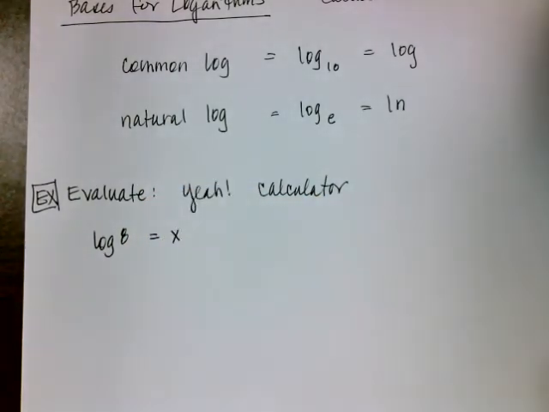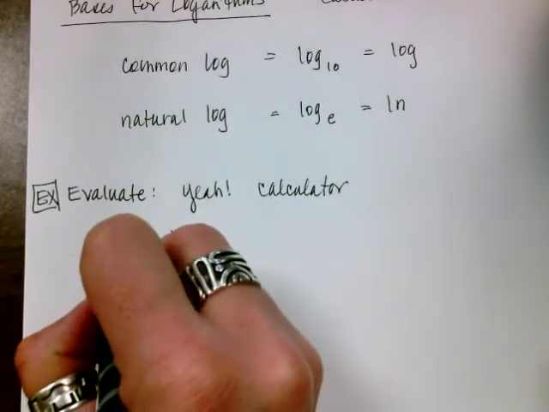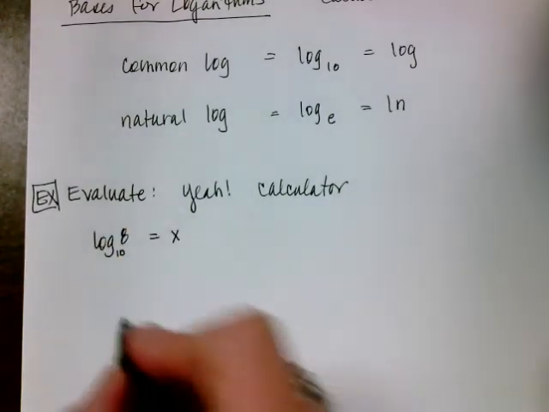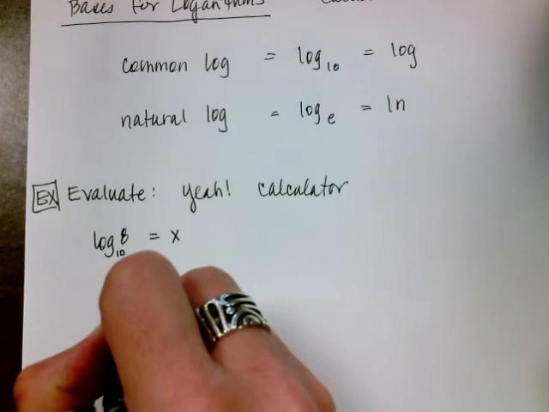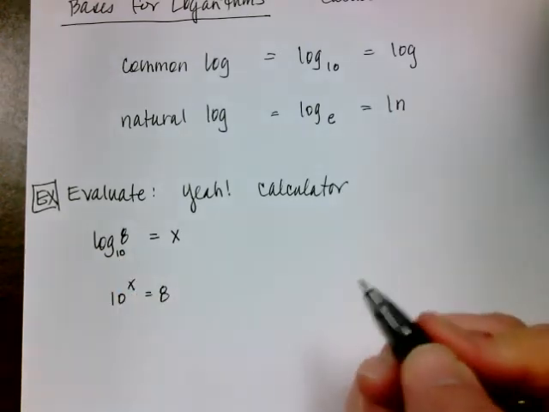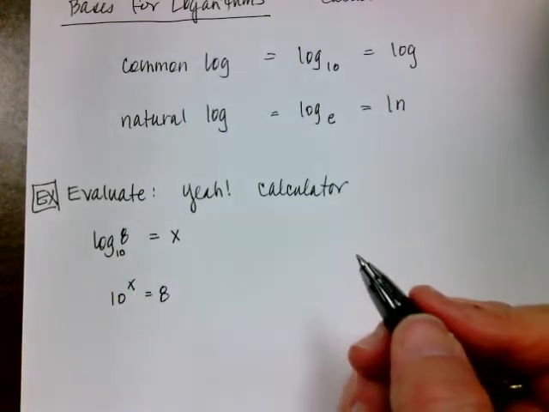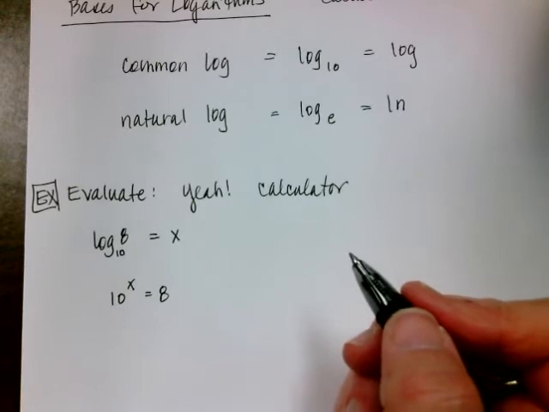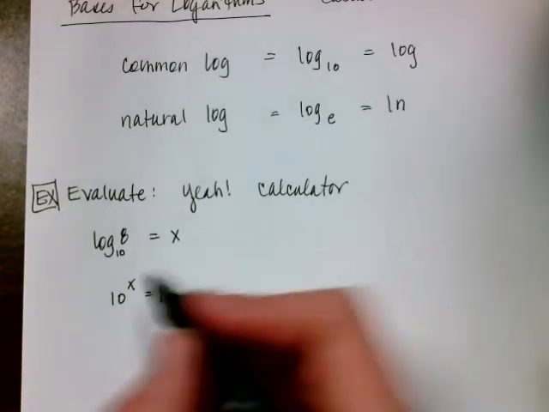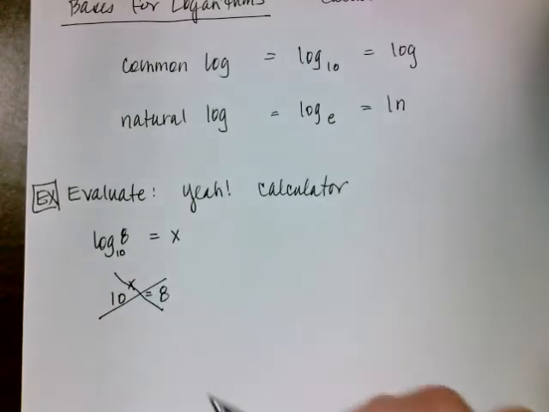I would add an x. My base, even though it's not written, is 10, so I would get 10 to the x is equal to 8. I can't do that math because 10 and 8 have nothing in common as a base.